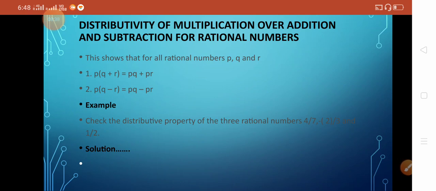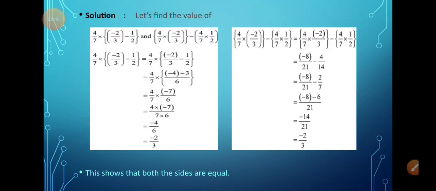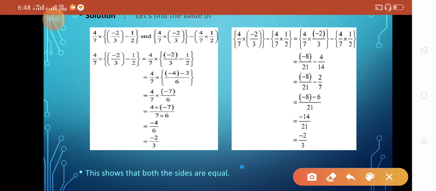Here one example is given. Check the distributive property for three rational numbers, 4 by 7, minus 2 by 3 and 1 by 2. So here is the solution. For the distributive property, you should see 4 by 7 multiplied by (minus 2 by 3 minus 1 by 2).